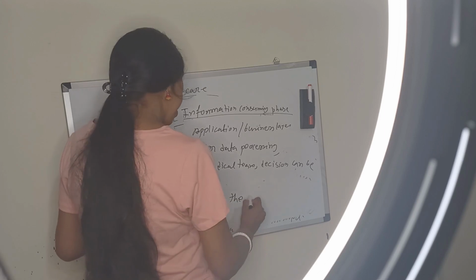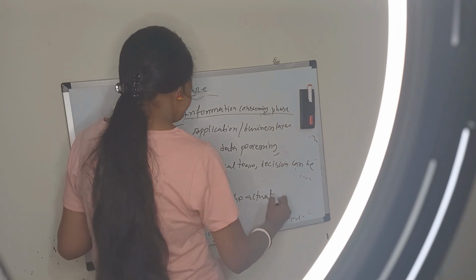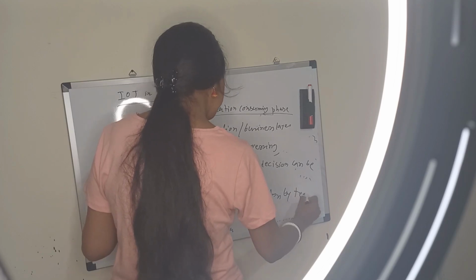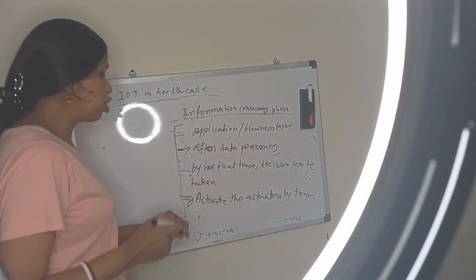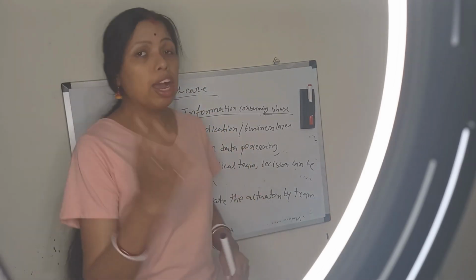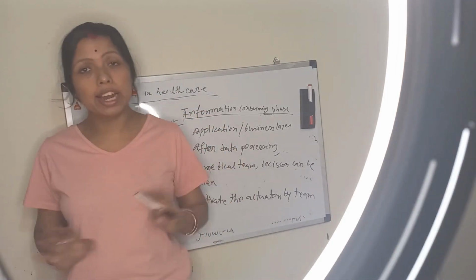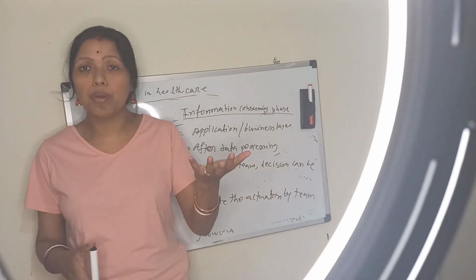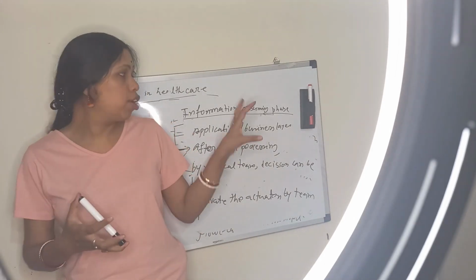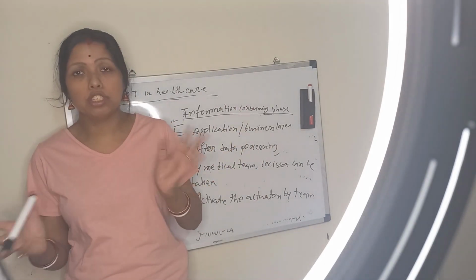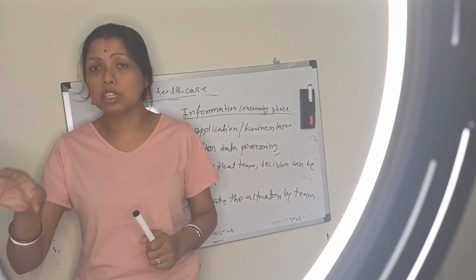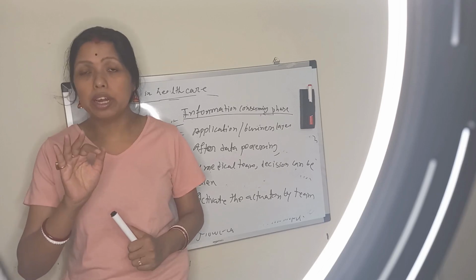activate the actuator, by the health team. Activating the actuator means, suppose in the middleware layer we have done all the analysis, and suppose the patient has some neuro problem. After the middleware layer we have analyzed all the data, and by using the machine learning tool the medical team has determined that the patient has a neuro problem.